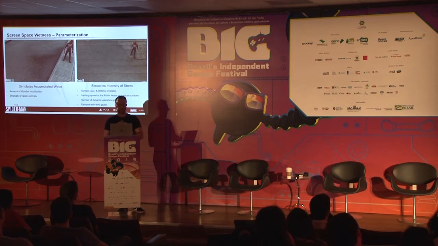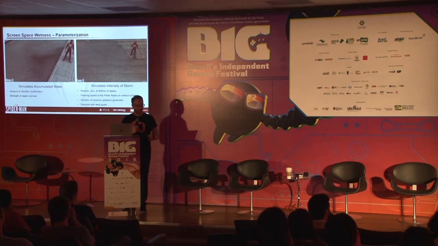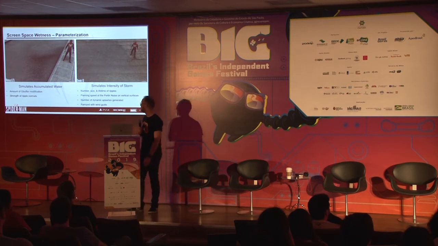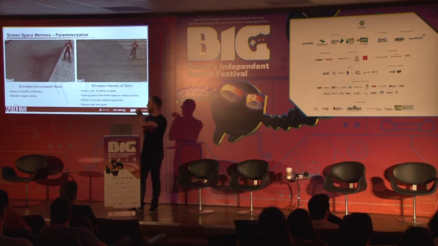It also controls the strength of the ripple normal. So here's a video of that on the left, and I'm just decreasing the wetness value there.